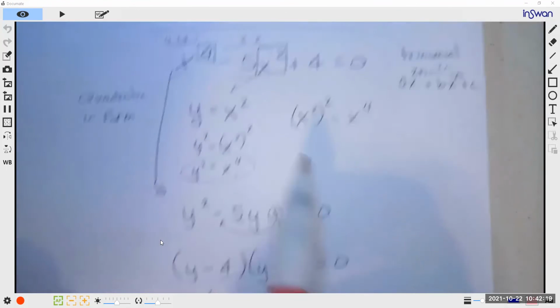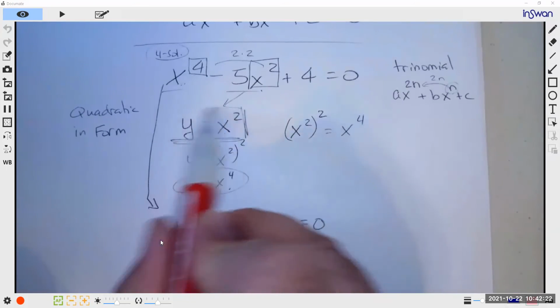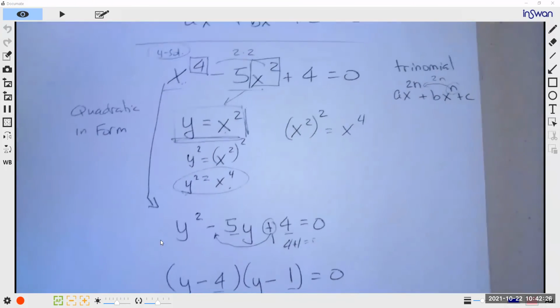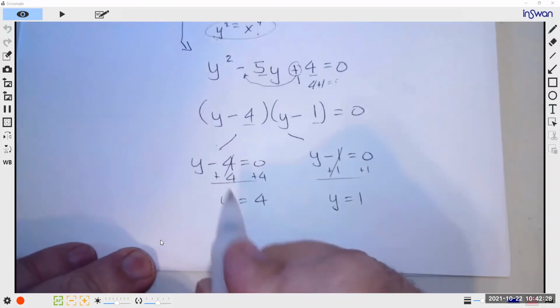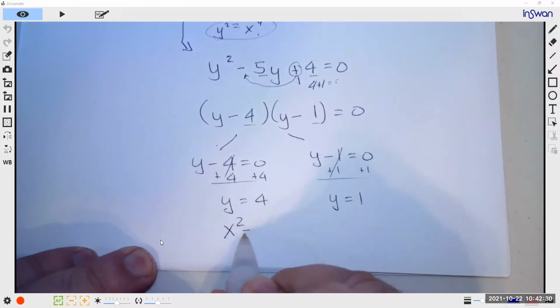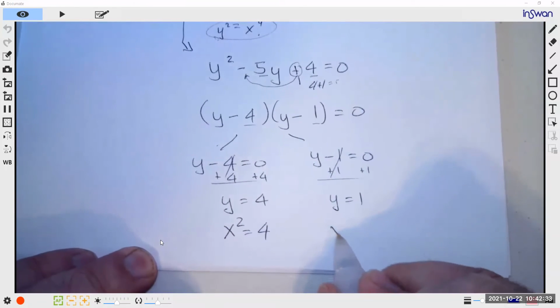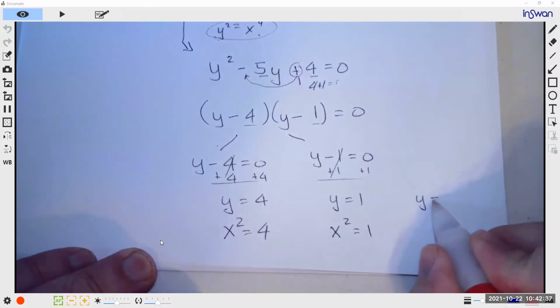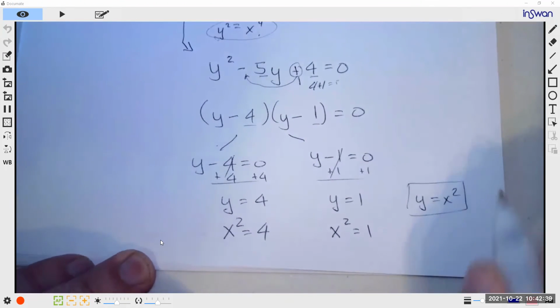But remember, y is equal to x squared. We start off with x's, we have to end with x's. So this is x squared equals 4. X squared equals 1, because y equals x squared. We have to replace it.